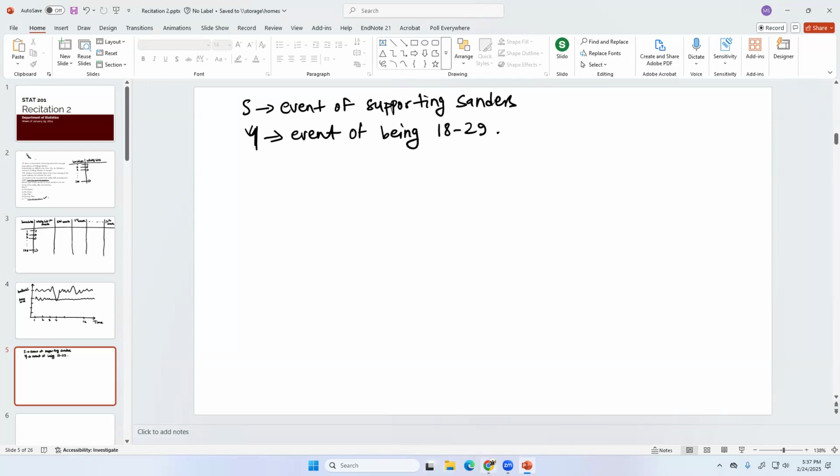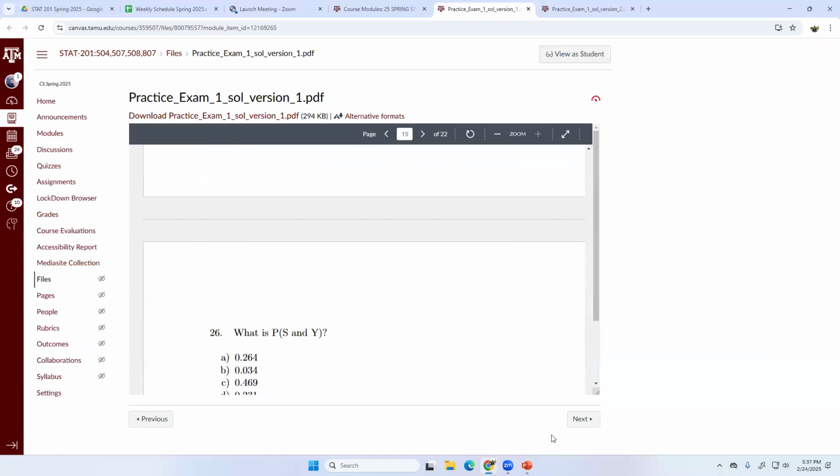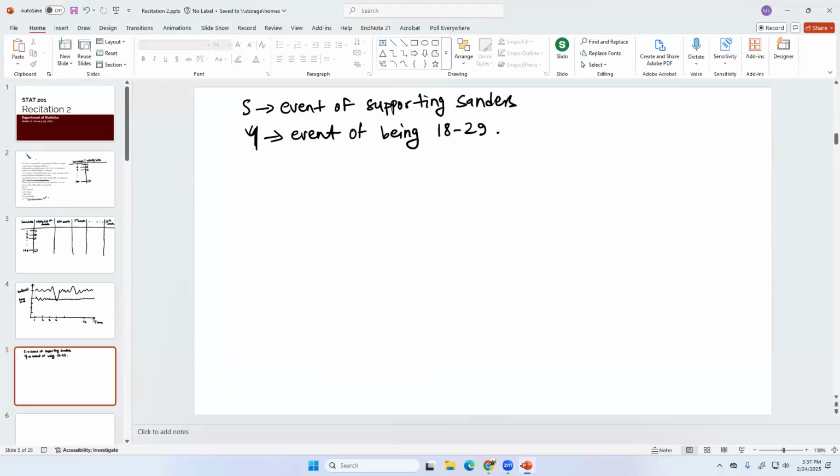The first question is the probability of S and Y. How do you do this? What does S and Y mean? How do I write this in terms of event operations? And means what? Intersection, right?